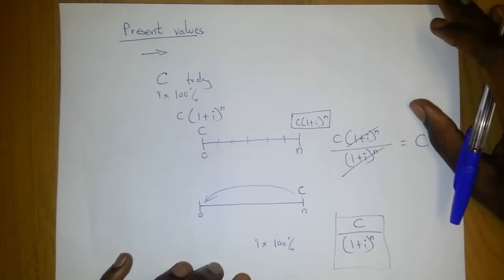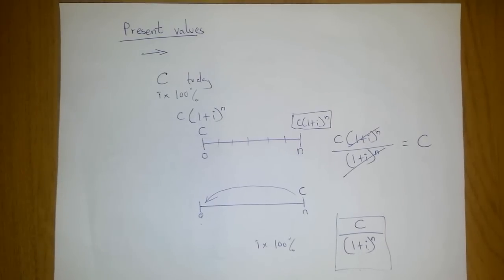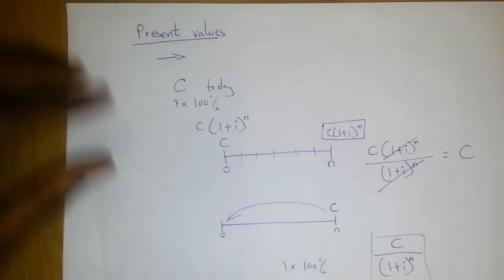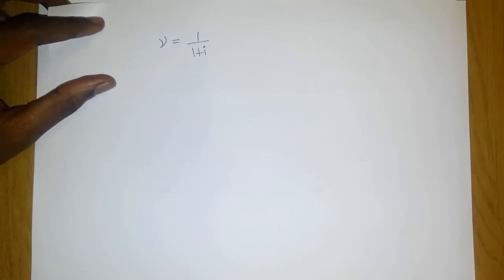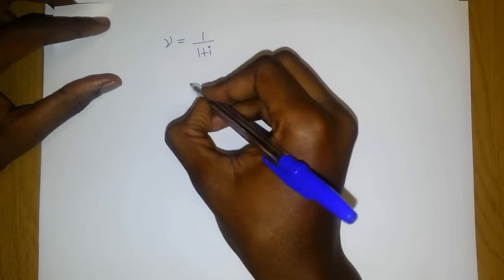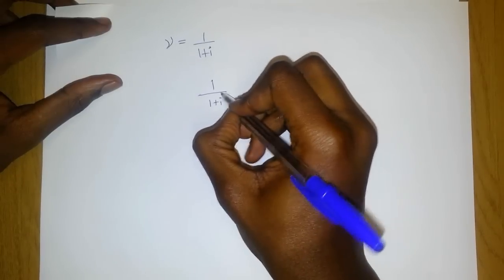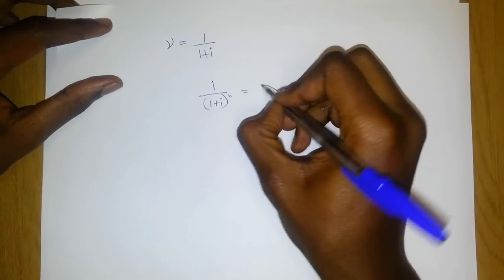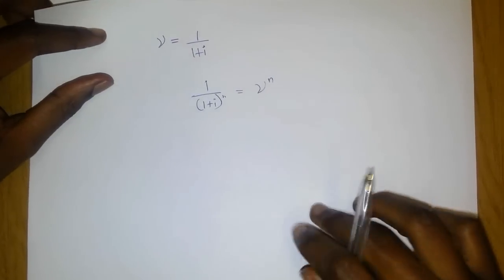Alright, so what we're going to do next is we're going to define a certain special quantity, and we're going to call it nu. We're going to say nu is 1 over (1 plus i), such that 1 over (1 plus i) raised to the power n is equal to nu to the power n.